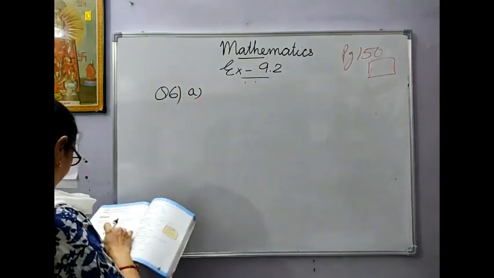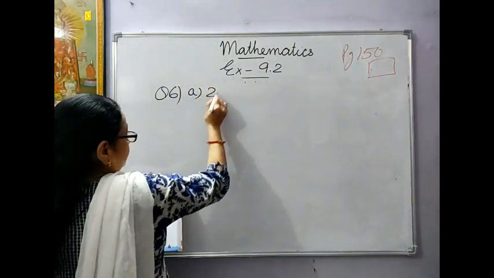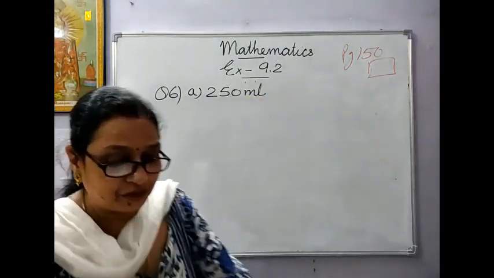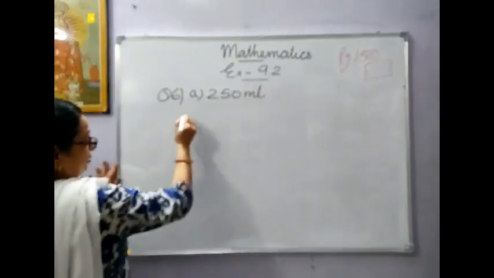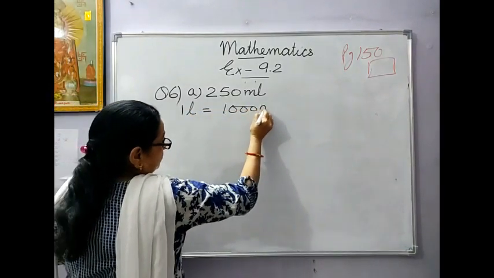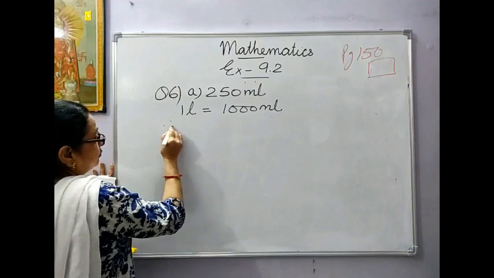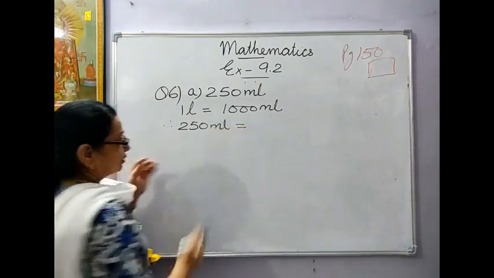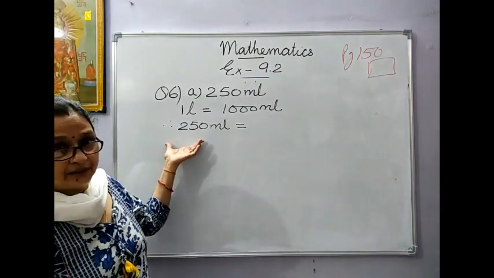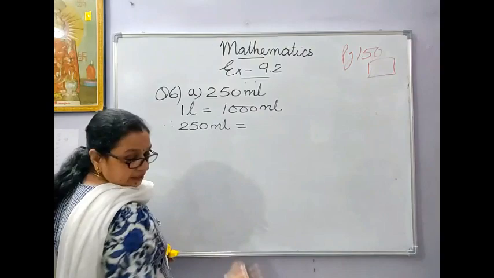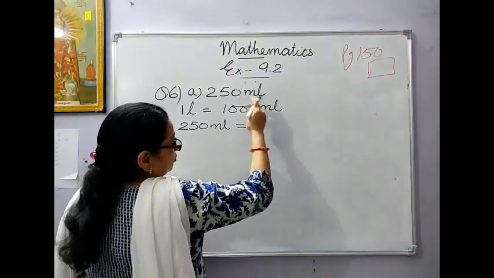A, 250 milliliter. Same, first of all, the relationship. 1 liter is equal to 1000 milliliter. Therefore, 250 milliliter is equal to, now there is no liter existing, so we directly convert milliliter into liter. The question is, you have to convert into liters.